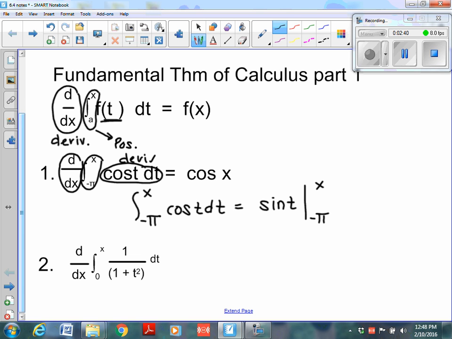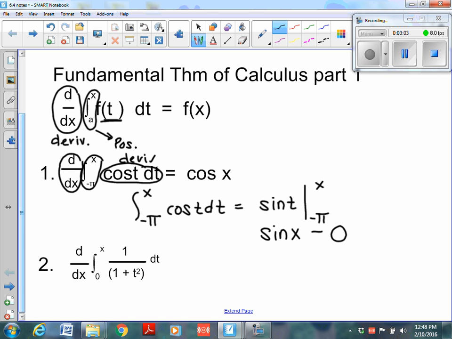You learned that a long time ago. What they did, this is really important that you know this, they picked a number that will always cancel out. So the only thing you have left is the variable x. So you always go top minus bottom. You put the top in place of the t, minus the bottom.